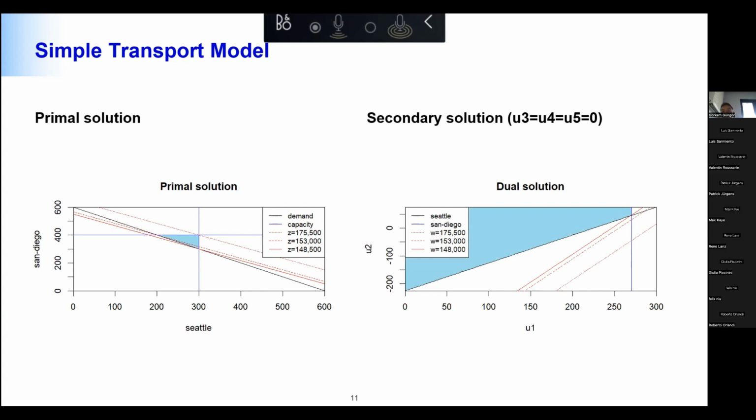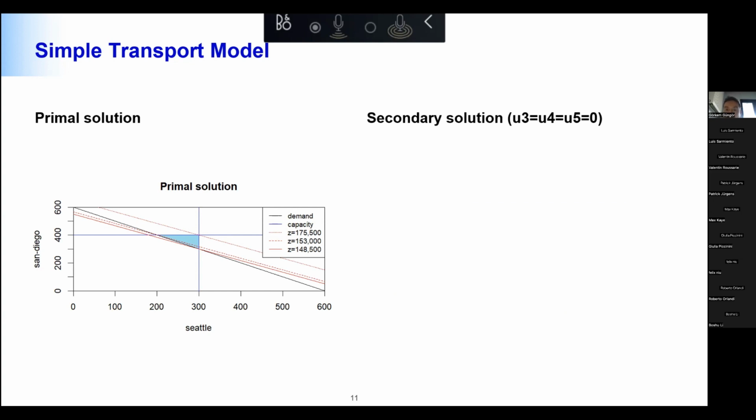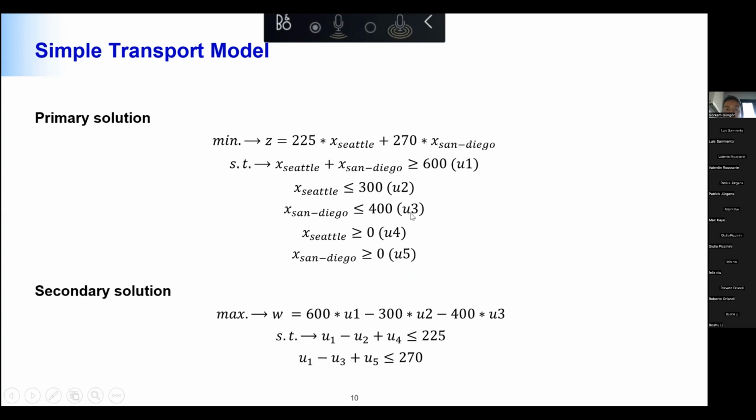But when we look at the secondary solution, we will get the same solution. The U3, U4, and U5, I set to 0. The main reason comes from economic theory, microeconomics. In the solution, we are not actually constrained by the 400 canister maximum amount from San Diego.